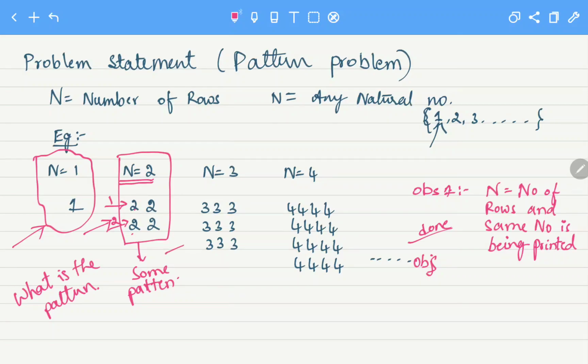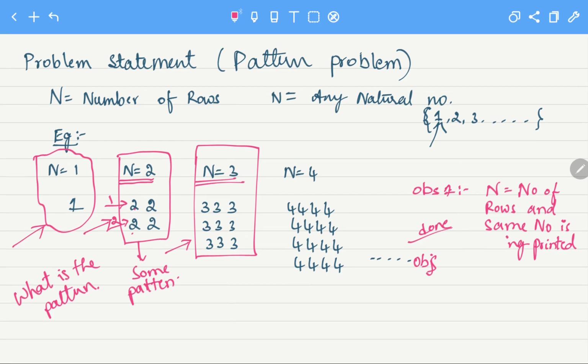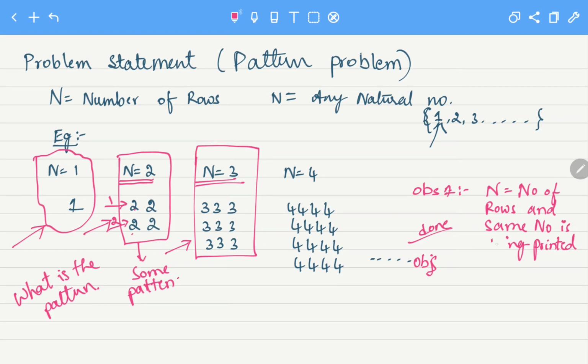Now when you see the pattern for n as 3, the first observation was n as the number of rows and the same number being printed in each row.